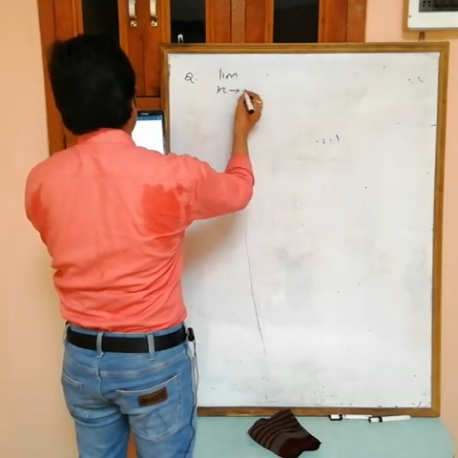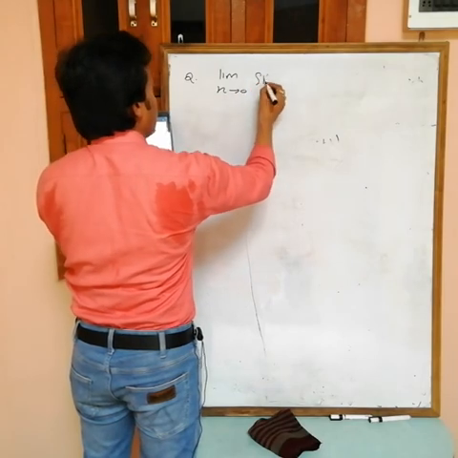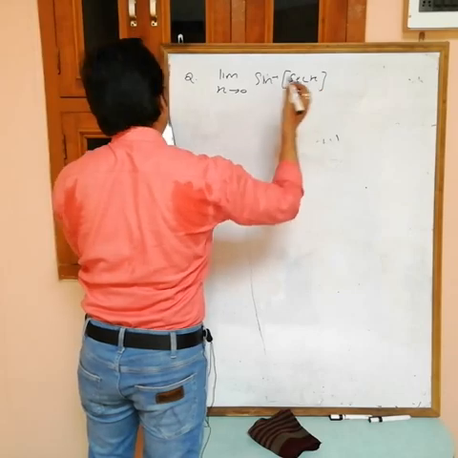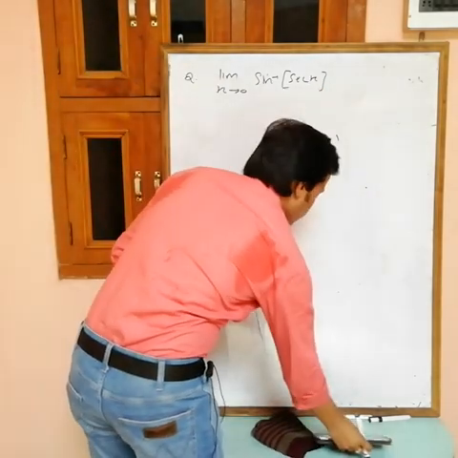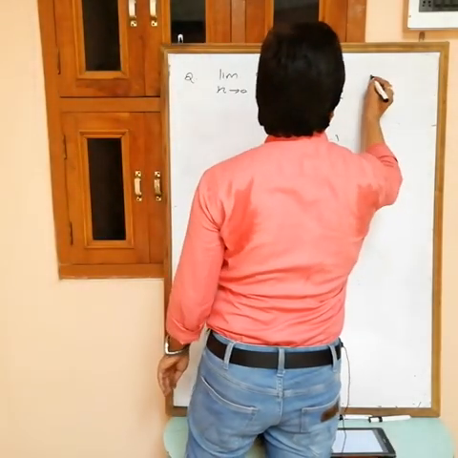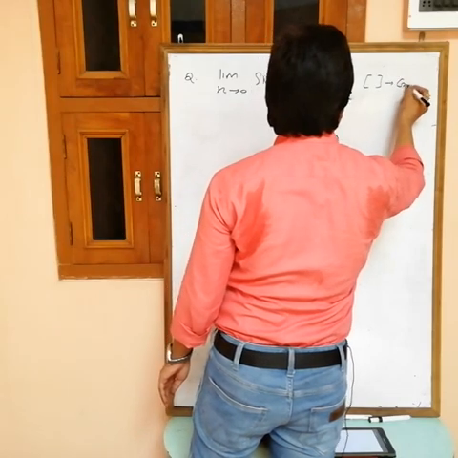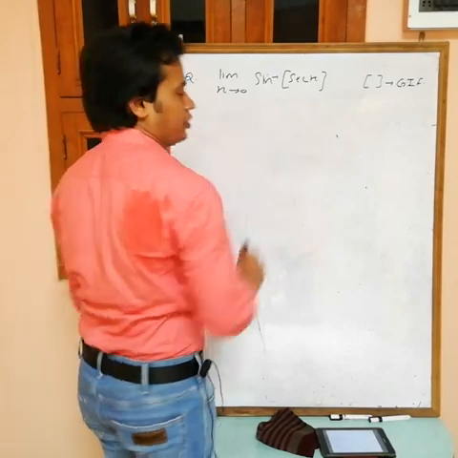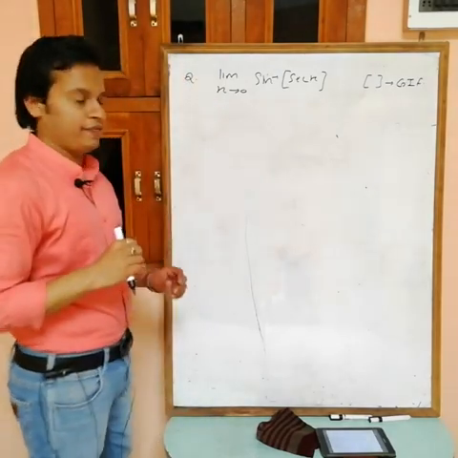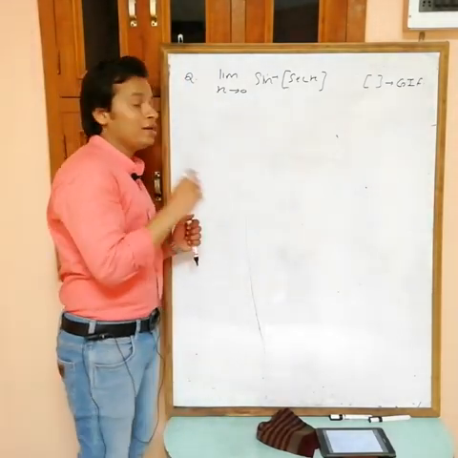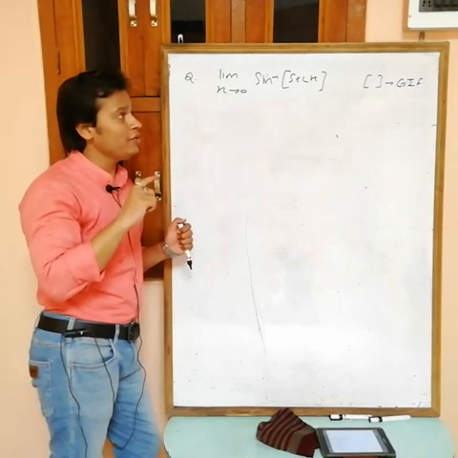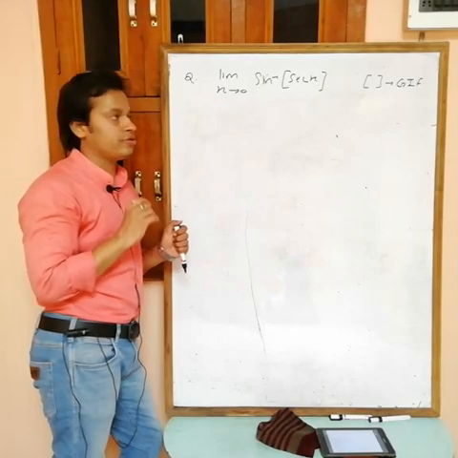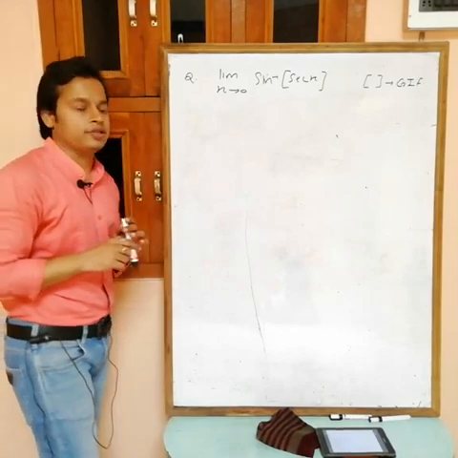Limit x tending to 0 of sine inverse of the greatest integer of sec x, where the bracket is the greatest integer function. The second last question was sine inverse sec x without the greatest integer function, and there the limit did not exist, but this time we have the greatest integer function.